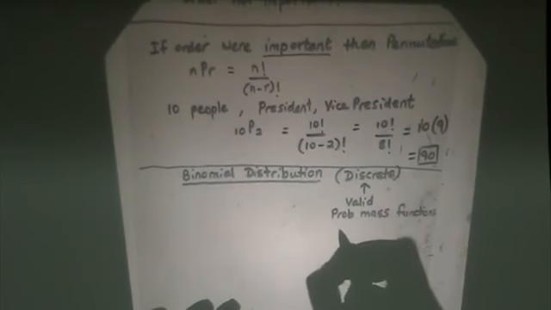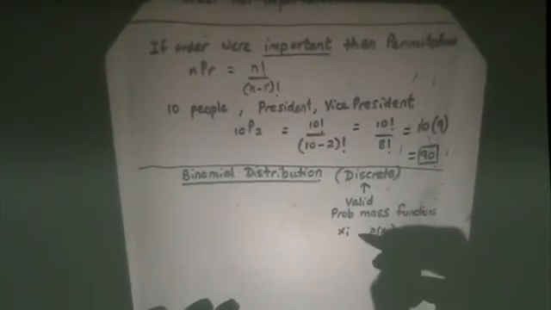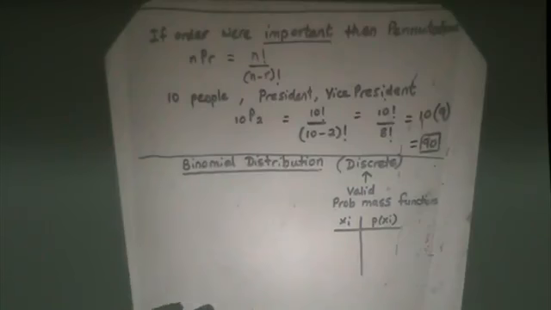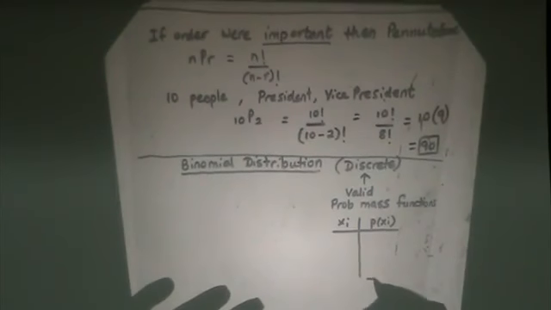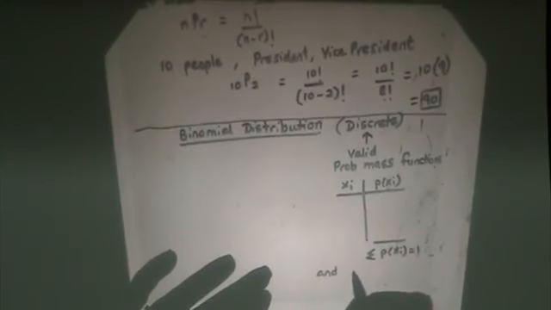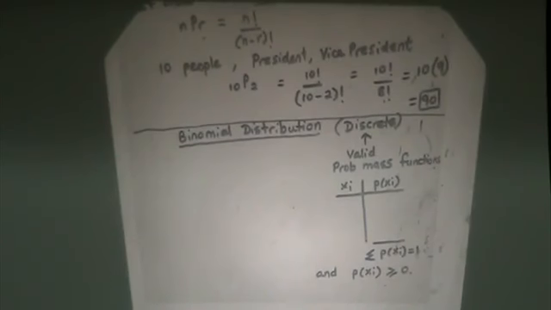That means something like this: xi, p of xi, where the sum of the probabilities is 1 and every p of xi is greater than or equal to 0. Non-negative probabilities. We talked about this last time, right?